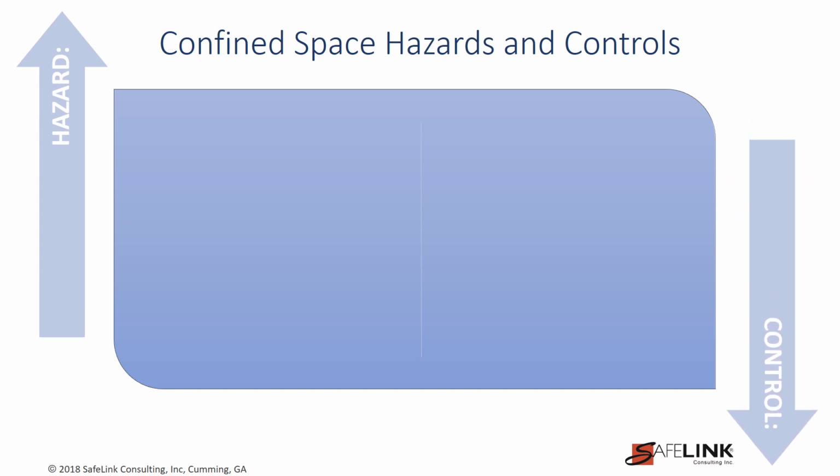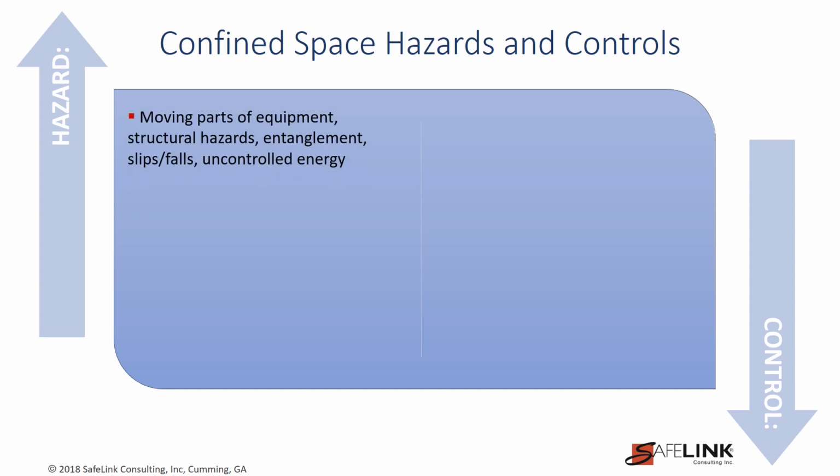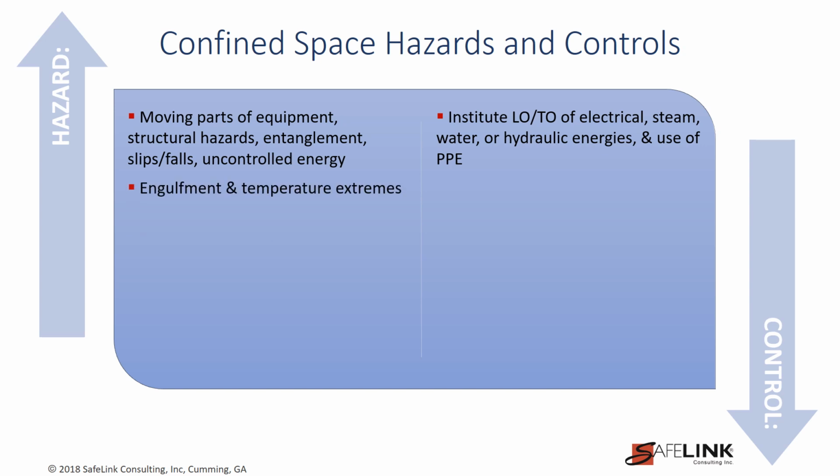Here are some confined space hazards and examples of controls to protect workers. The hazard is moving parts of equipment, structural hazards, entanglement, slips, falls, or uncontrolled energy. The controls could be instituting lockout-tagout of electrical, steam, water, or hydraulic energies, and the use of personal protective equipment. The hazard is engulfment and temperature extremes.